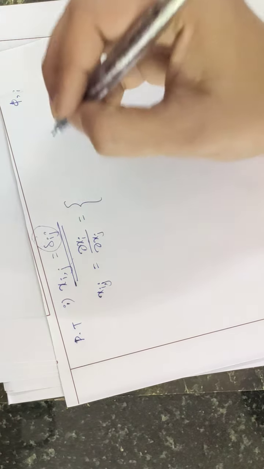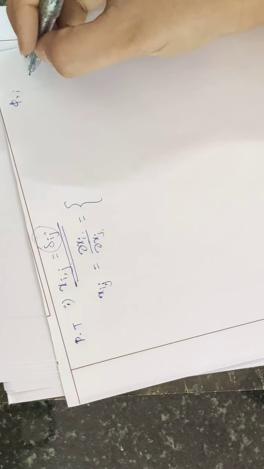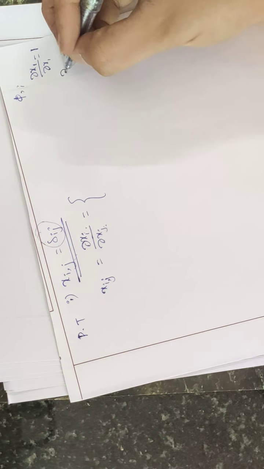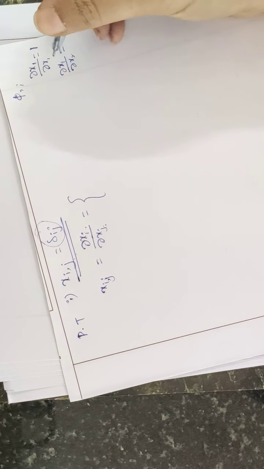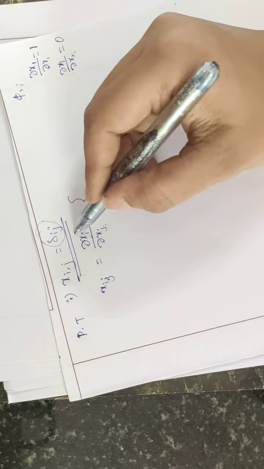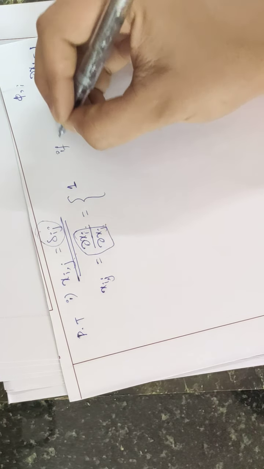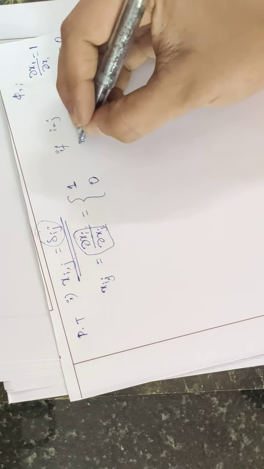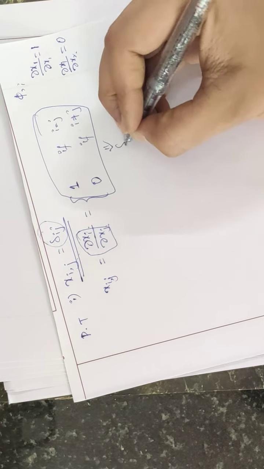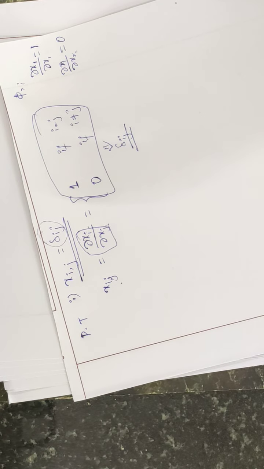You can observe, if i is equal to j, dou x1 by dou x1 is 1. If i is not equal to j, then differentiating x1 with respect to x2 gives you 0. That means dou xi by dou xj takes two values: 1 if i is equal to j, and 0 if i is not equal to j. This is the definition of our delta ij symbol, right? So xi comma j is nothing but delta ij.